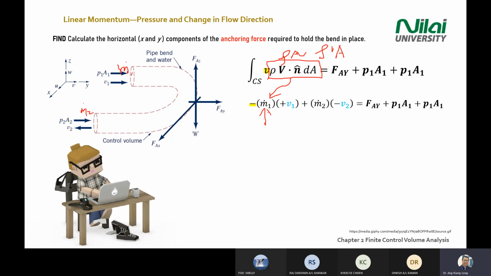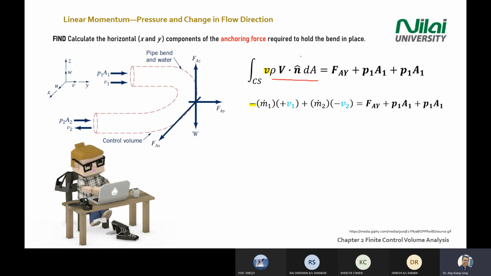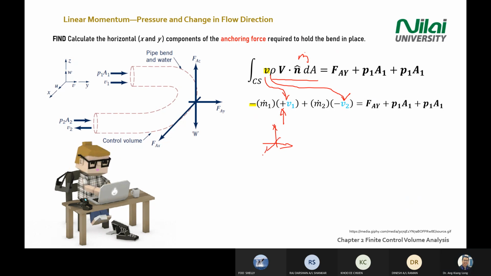So in the equation, you have m1 dot, m2 dot. After you have done the m dot, you just substitute what happened to your input and what happened to your output. There's a sign there, so also be careful. This sign refers to the reference axis. This whole equation refers to the y direction.